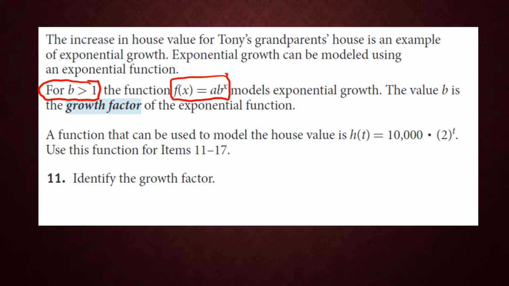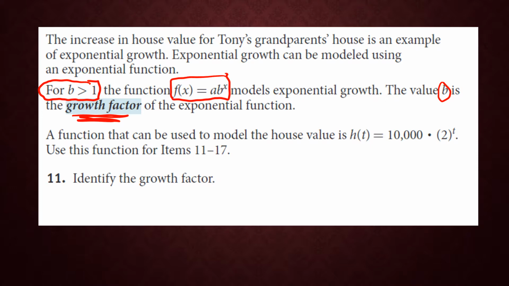The value b is the growth factor. And you'll remember that it's like a common ratio. It's the factor that's getting multiplied over and over and over every year or every time period. So that's the growth factor of the exponential function.